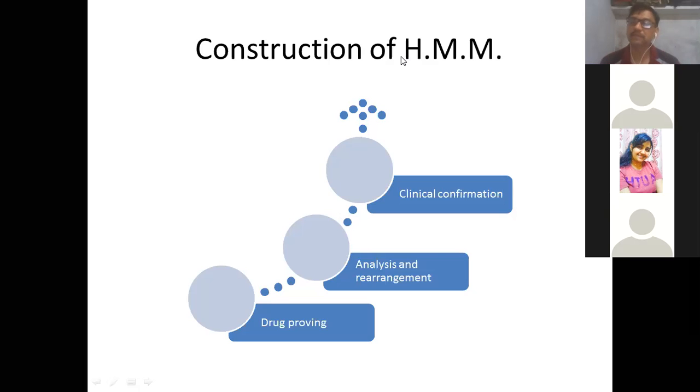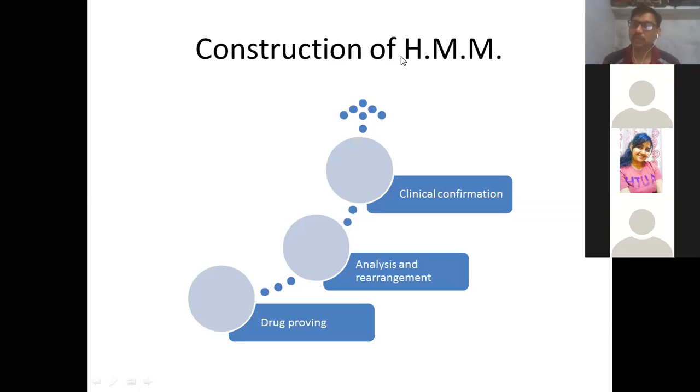Whatever the rough draft of the materia medica is, it is circulated, and a few physicians are asked to confirm the symptoms: are they really reliable or not? Then that raw proving information is utilized by various homeopathic physicians, and they approve that yes, this is a clinically confirmed symptom.